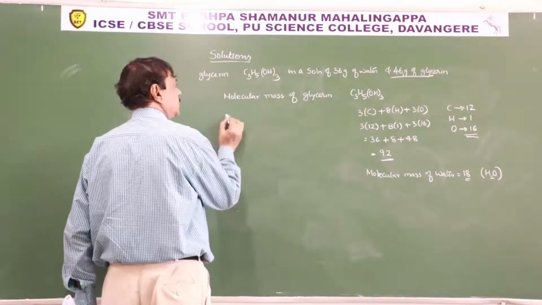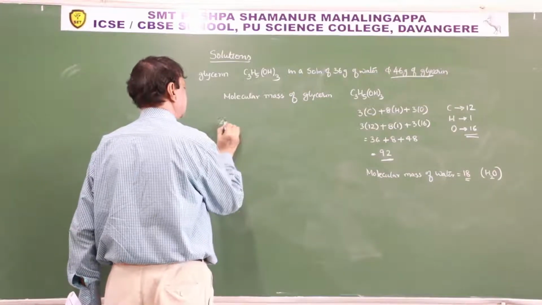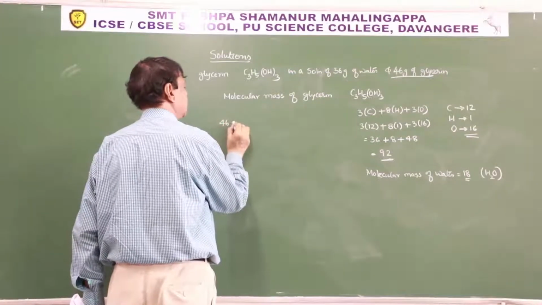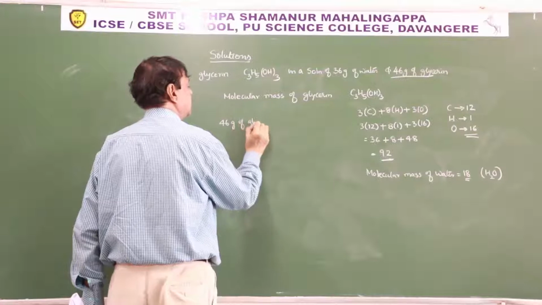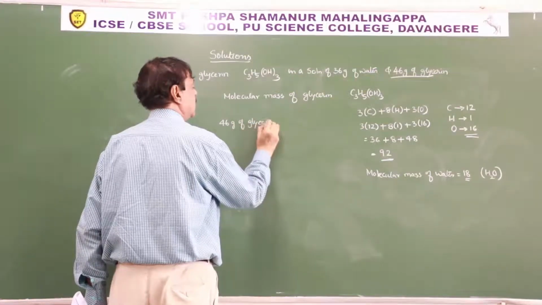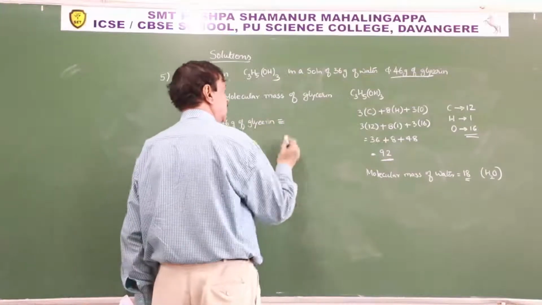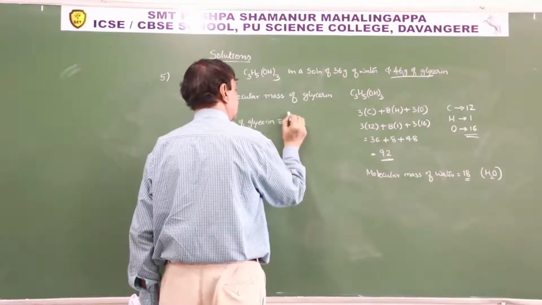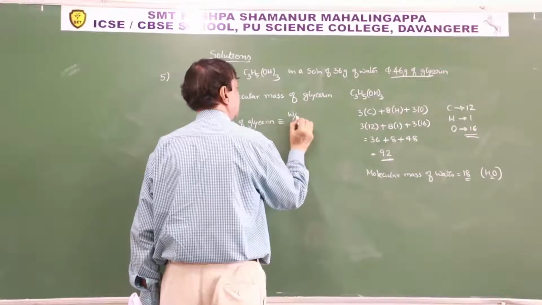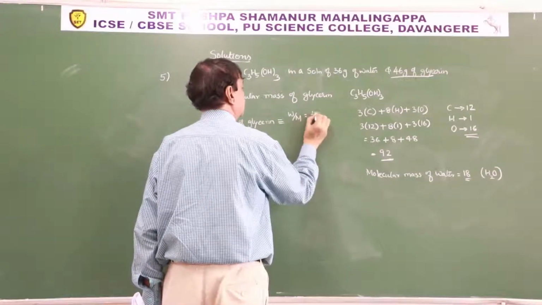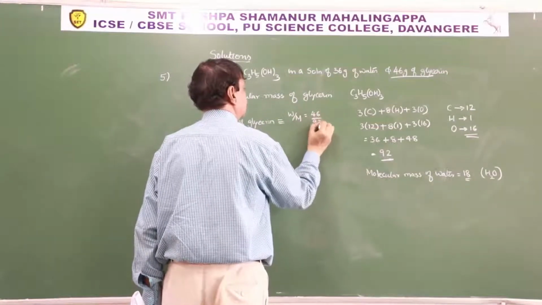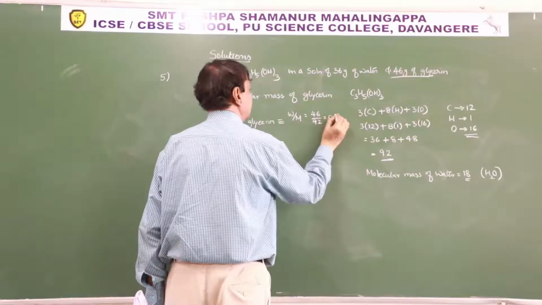Now, 46 gram of glycerine corresponds to how many moles? That is weight divided by molecular mass, 46 divided by 92, that is 0.5 mole.